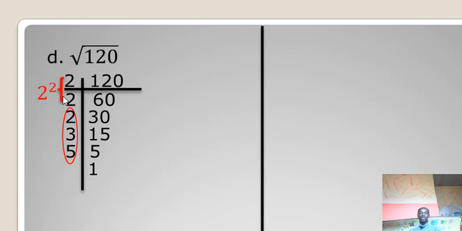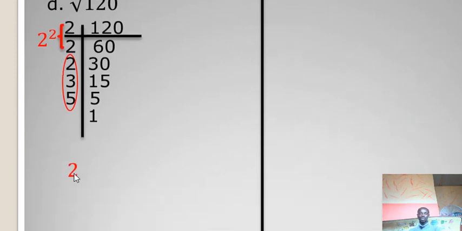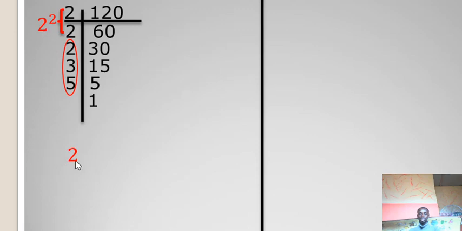So pairing the first 2 and writing it out, that's going to be 2. You pick it, that is going to be 2, then multiplied by everything that is not paired. You write them out in a root box like this. Now you pick the squared, you write just one of it out, then multiplied by everything that is not squared: 2 multiplied by 3 multiplied by 5.